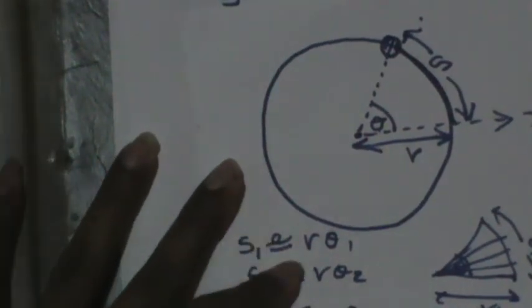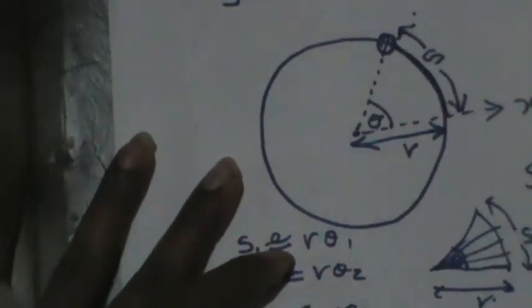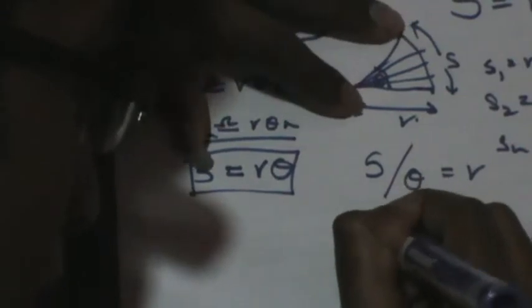So what you can take from this is S equals R theta. But what is S by theta? S by theta is equal to R, which is the radius of the circle and the radius of the motion. So S is the translational displacement.